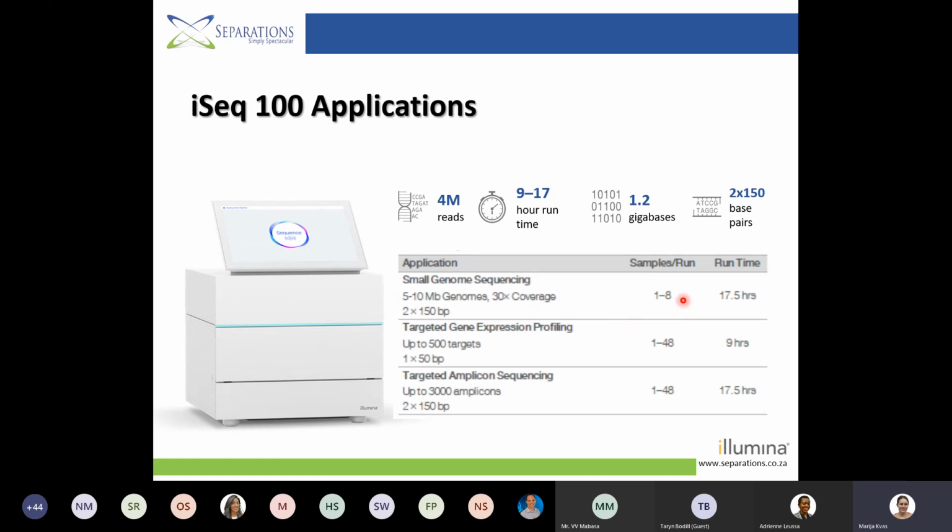If you're looking at smaller organisms with less coverage, you can put more samples on it. Same can be said with a targeted approach, and we'll go into that just now in a little bit more detail. But obviously, if you have more targets and a higher coverage you want, you will be able to put fewer samples on.